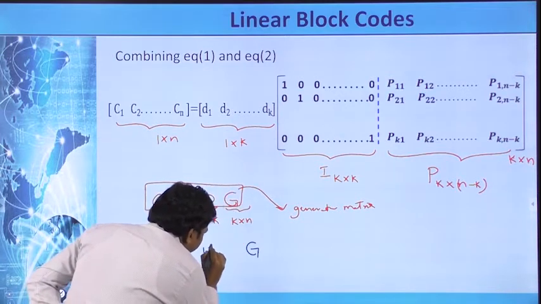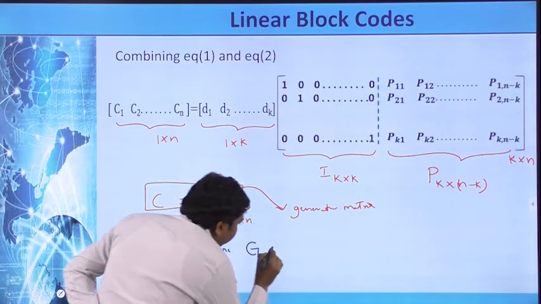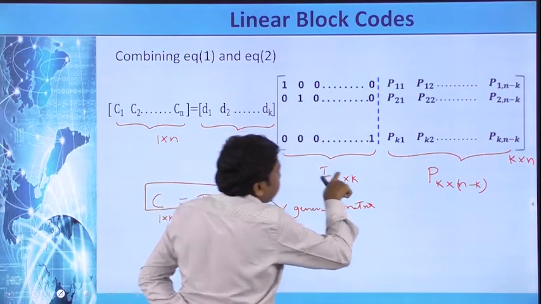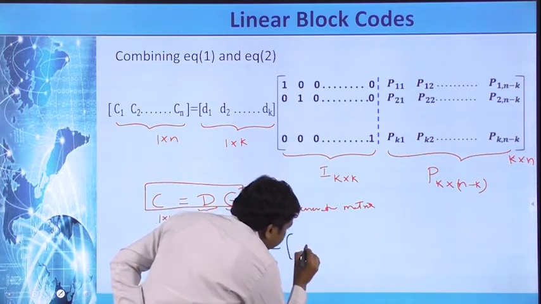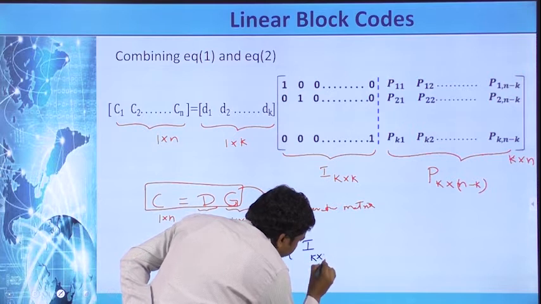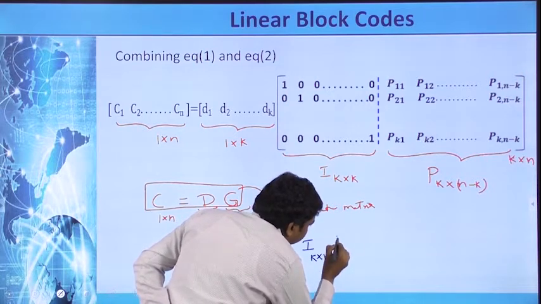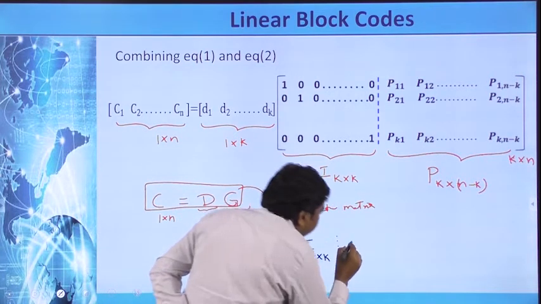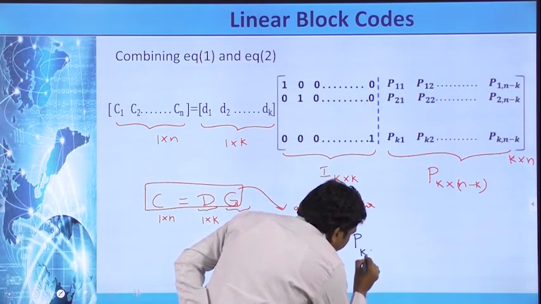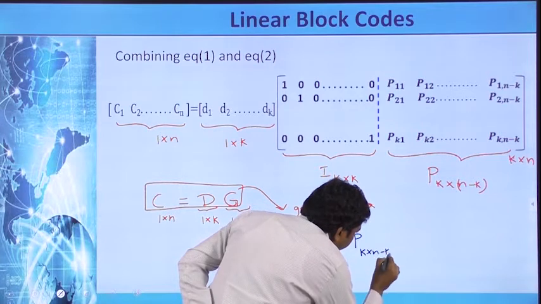G equals, first we have the identity matrix, next the P matrix. That is the identity matrix with order k by k and the P matrix with order k by n minus k.